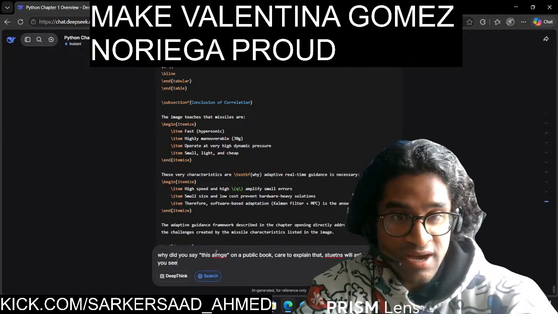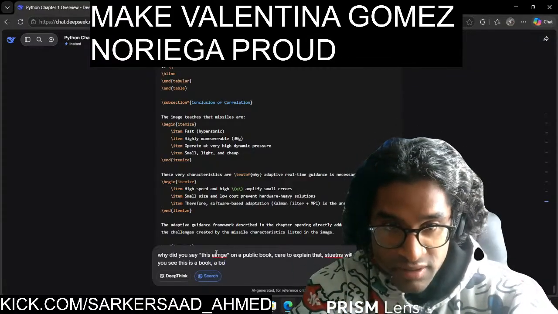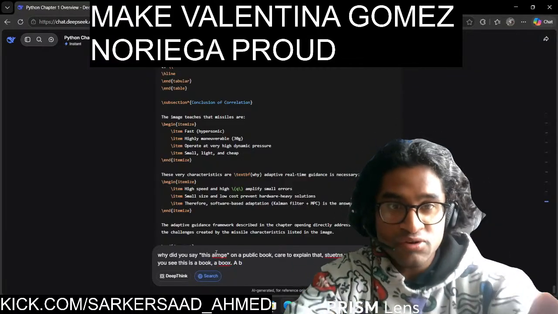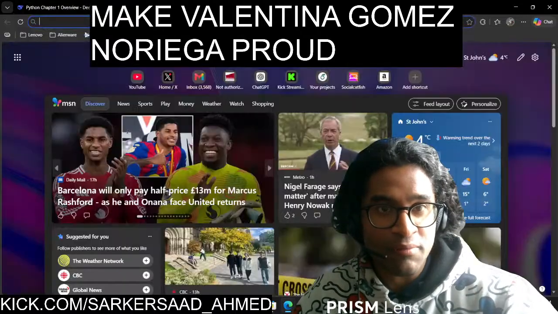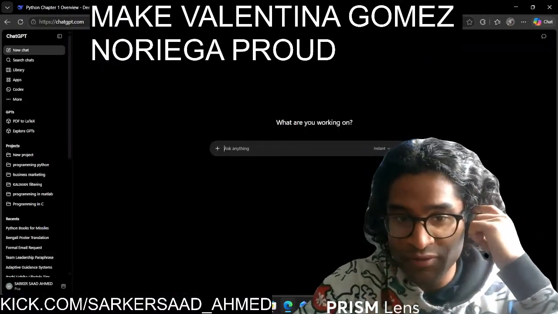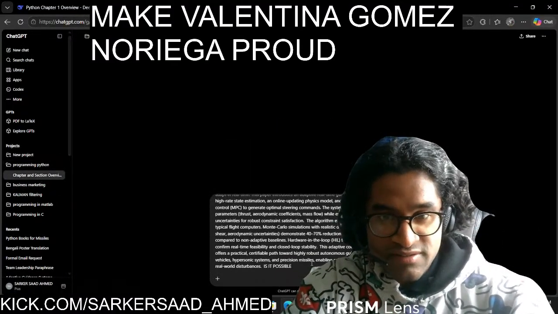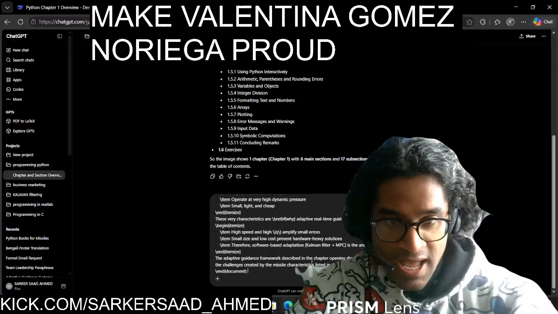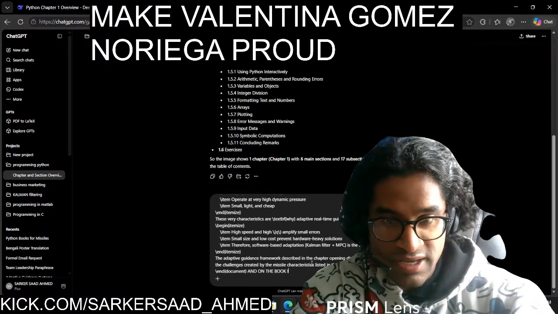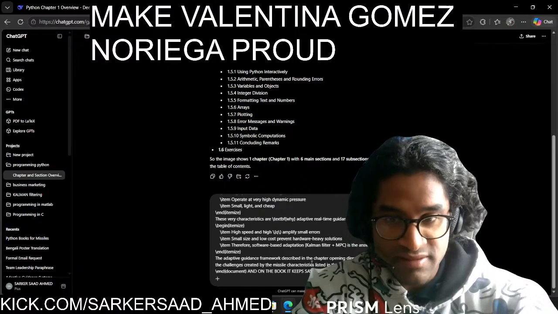You see, this is a book. Okay, you know what? I'm going to go to ChatGPT. If ChatGPT can fix this, I swear I'm not using DeepSeek anymore. This is the code I wrote, and in the book it keeps saying "in this image."